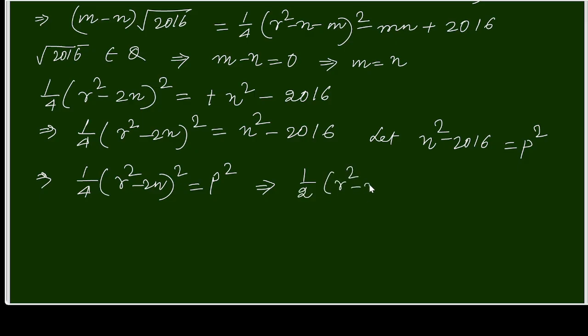or r square minus 2n equals p, or this gives us r square minus twice n equals 2p, or r square equals twice n plus p.